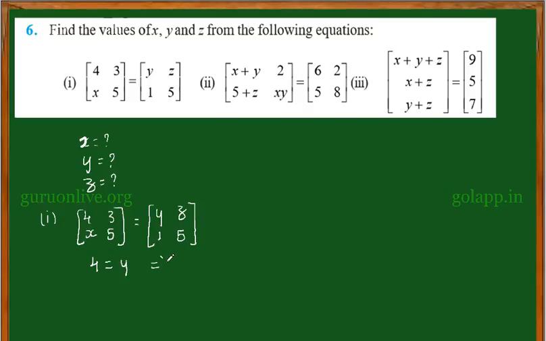So we get y equal to 4. Next, the first row second column we have 3 in the LHS, which is equated to the first row second column in the RHS, which is z.